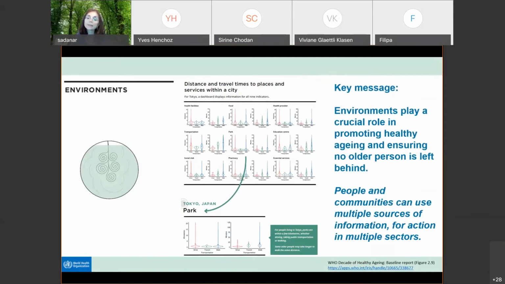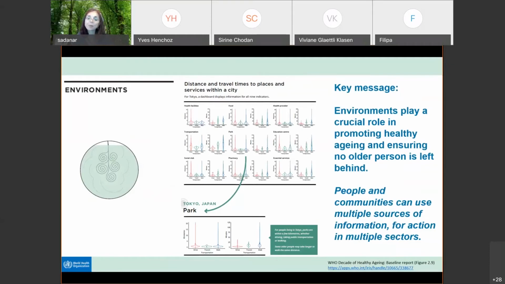But the key message is that environments clearly play a crucial role in promoting healthy aging, and, using the UN speak for ensuring no older person is left behind, in equalizing opportunities for accessing services and places that you want to be.